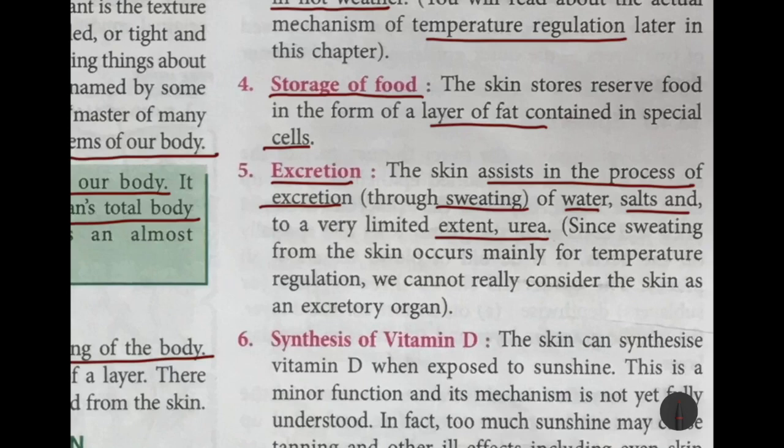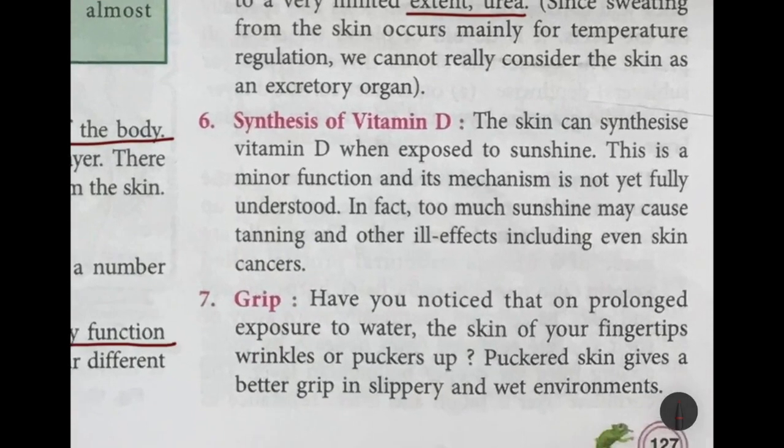To cool down your body, sweating takes place. Okay, so actually the skin is not an excretory organ. Incidentally, when sweating takes place, waste products like salts and a little bit of urea come out. Otherwise, if it is cold, we don't sweat. So actually we cannot think of skin as an excretory organ.